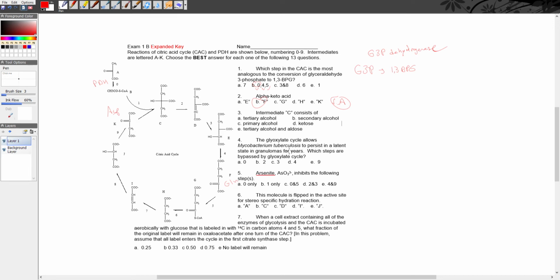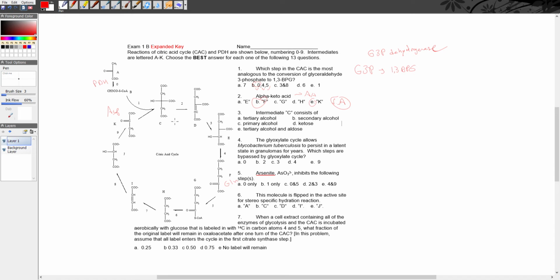And what happens is a transamination. That's the kind of reaction that goes from an alpha keto acid to an amino acid. So our answers for this would be answer choice E and answer choice B, which corresponds to F. Okay. So this is just some basic previous chemistry that hopefully you're well aware of.